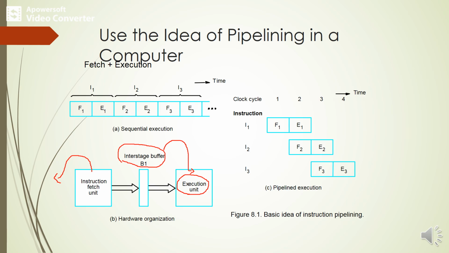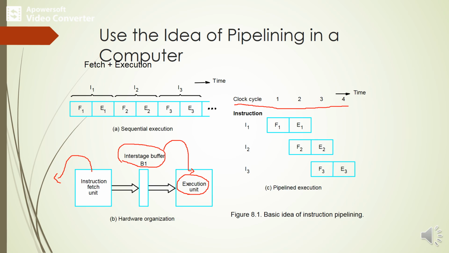The computer is controlled by a clock whose period is such that the fetch and execute steps of any instruction can each be completed in one cycle. So we are assuming that within one clock cycle, we have to complete the execution phase as well as the fetch phase.